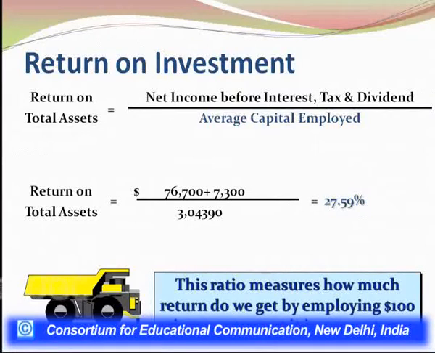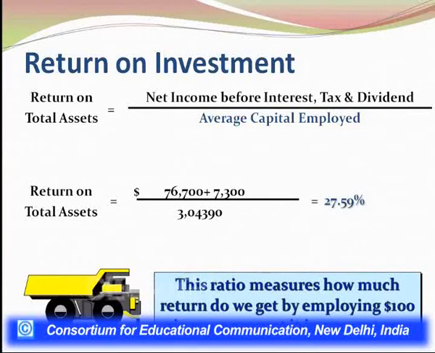So capital employed, as I said, there are two ways you can calculate. You can calculate the capital employed by adding the shareholders fund with the long term debts used by the company, right? Or else you can calculate it with the help of your fixed assets plus the working capital employed by the company.